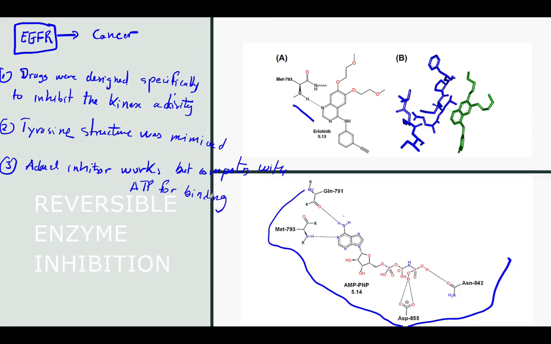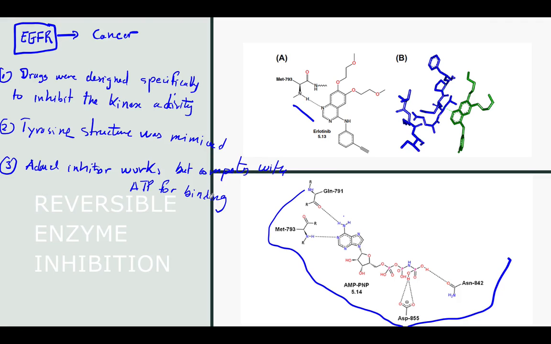So this is one of these examples where it shows that you can have rational drug design, but sometimes the original idea may not pan out to be exactly the way you want it to be. Now, what's good to know is that the active enzyme, or the enzyme in its catalytic form, actually forms a complex between the enzyme, substrate, and ATP.